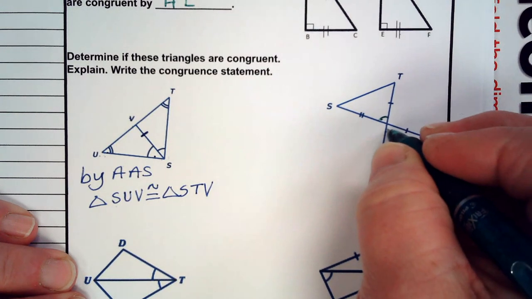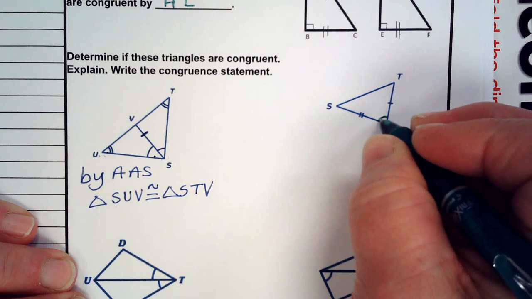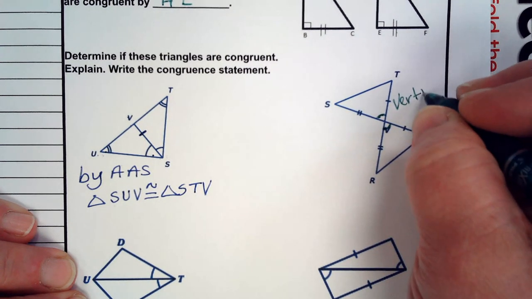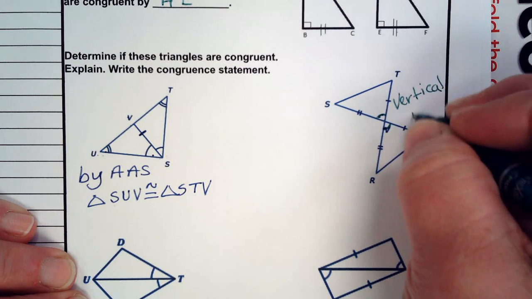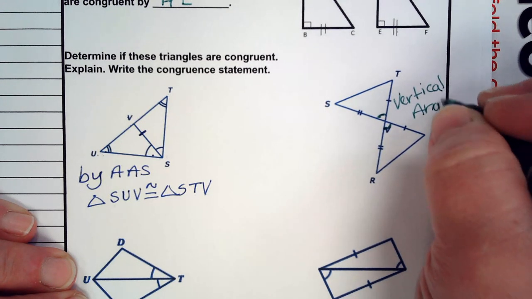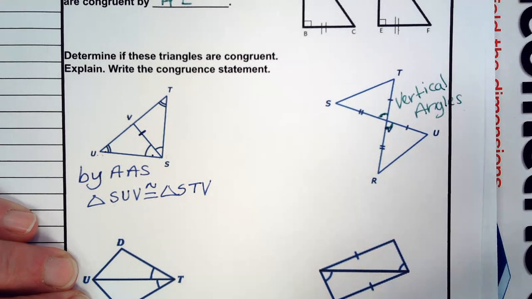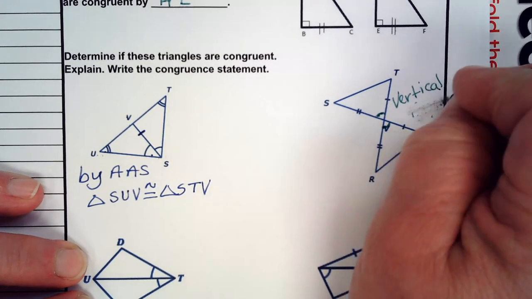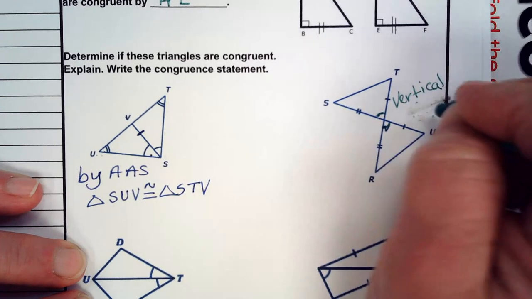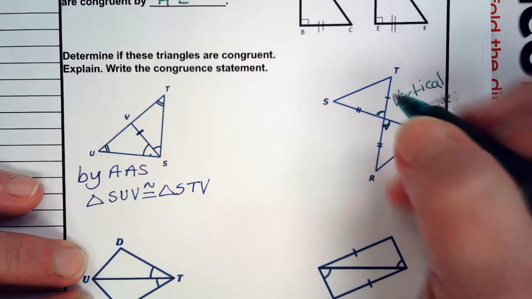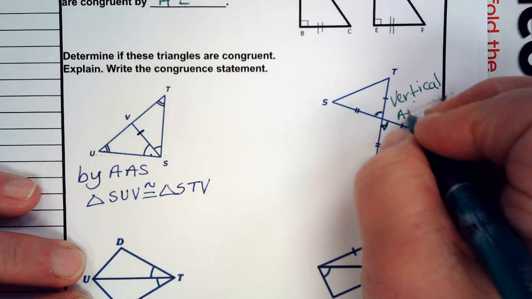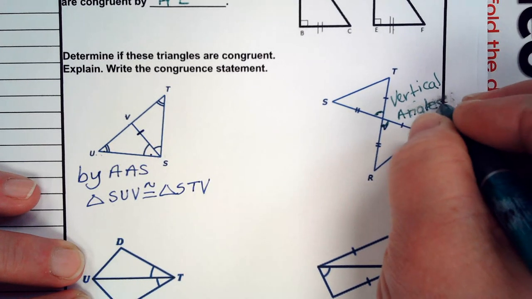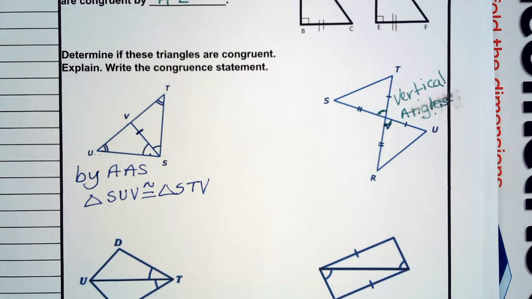I've got these angles in here, which I know will be congruent because they are what? Vertical. Okay, these are vertical angles. I didn't get that written very good, did I? Vertical angles.